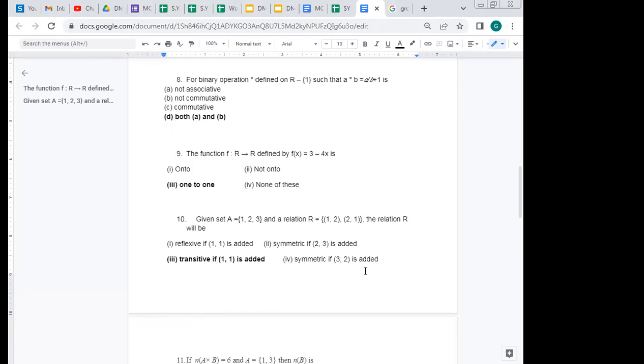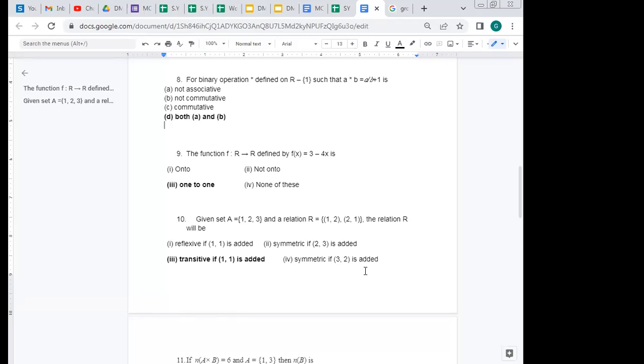It's a one-to-one function, because for every one value of x, there will be a unique value of f of x. So it will be a one-to-one function.